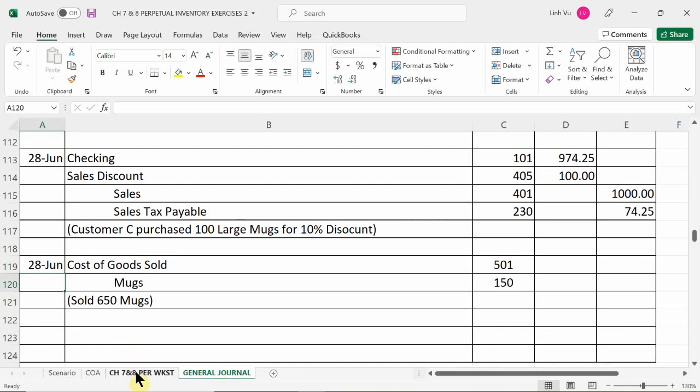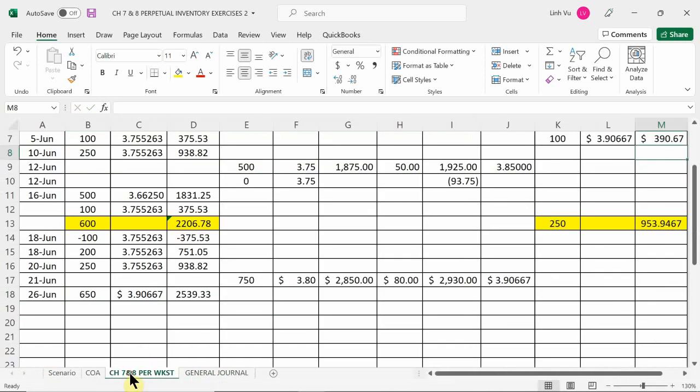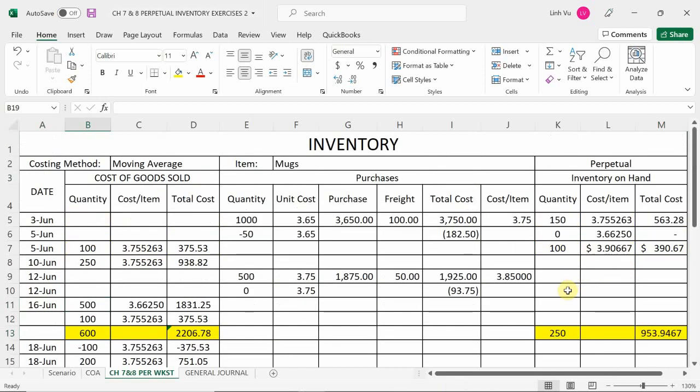So let's go to our inventory worksheet because we sold 100 mugs. It's the 28th. In this case, which batch of inventory am I going to be taking out from? The 390.6667.